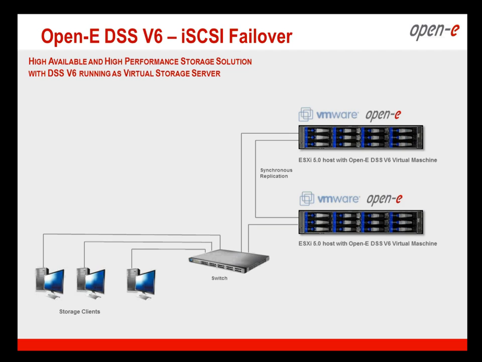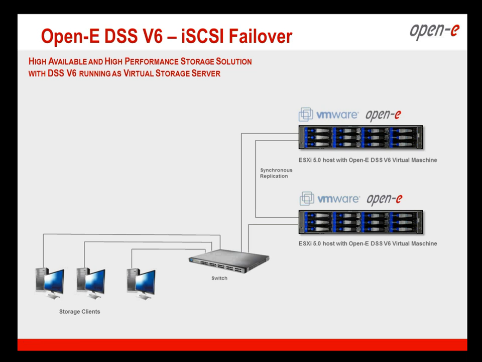Okay. And our goal today is to squeeze this to two servers. So on the same machines we will run the VMware host, and on top of this we will run, of course, some other virtual machines, but important is that Open-E DSS V6 will also run as a virtual machine. Of course, we need two machines to run volume replication.